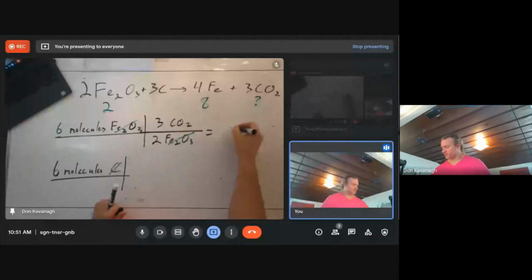So starting with this much Fe2O3 and now solving for how much carbon dioxide could be produced, we use these ratios from the balanced chemical reaction. Note that this 3 and 2 come from the balanced chemical reaction. Something cancels out. This comes out to 9 CO2s could be produced.